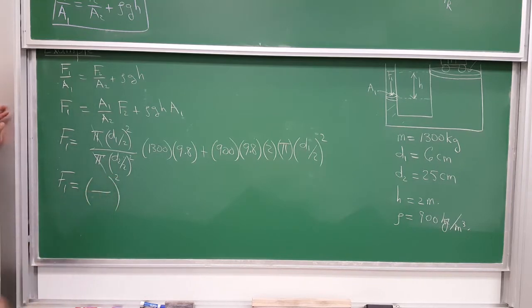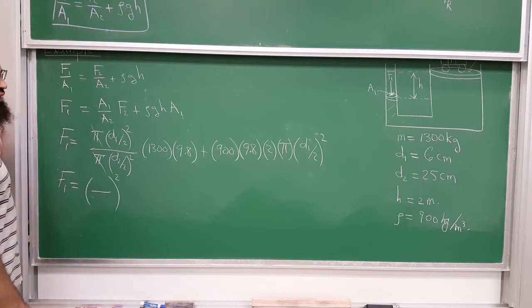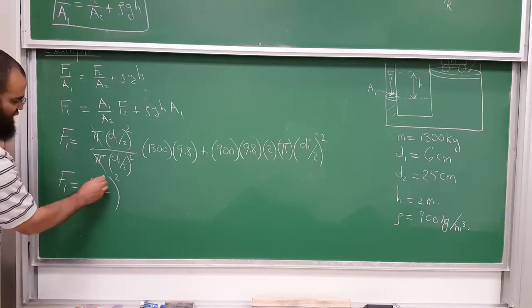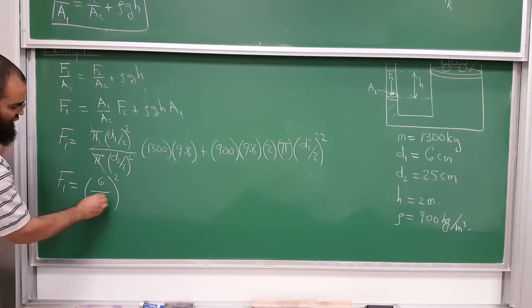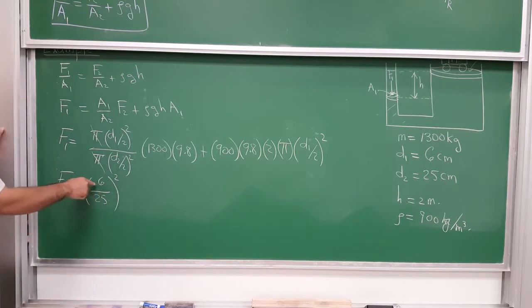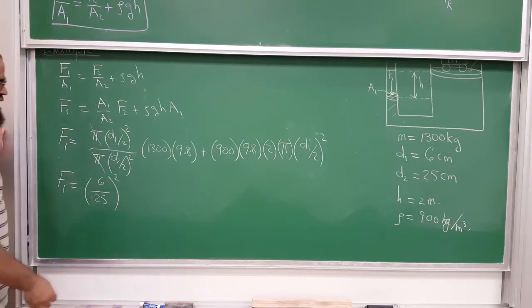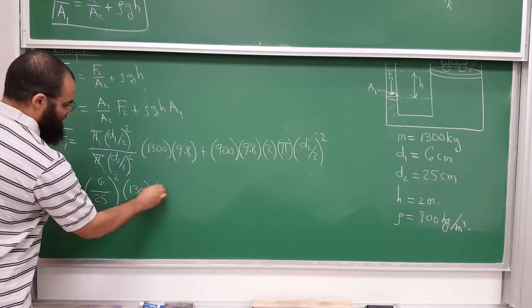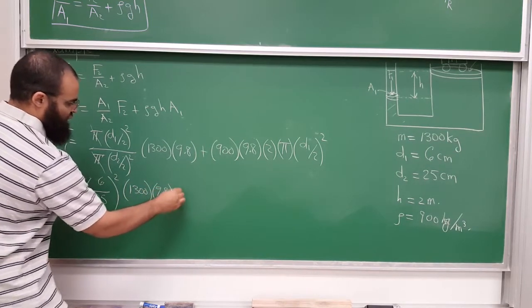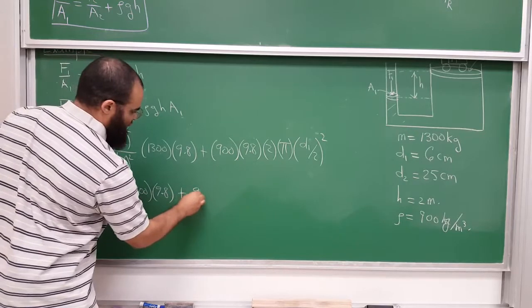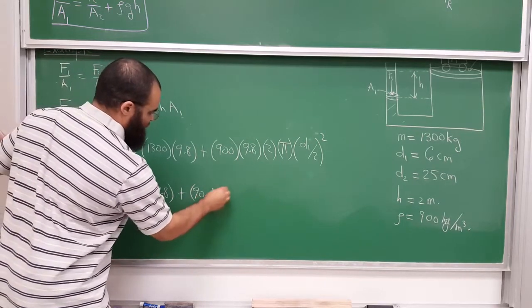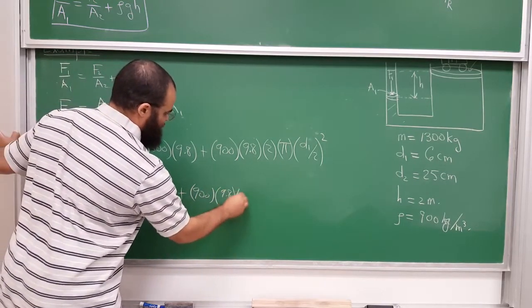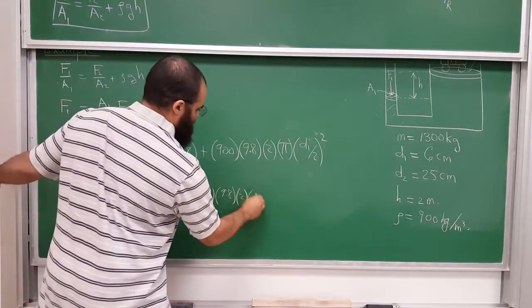And since both are in centimeters, I will not convert here. I will just put diameter 1 over diameter 2, that's 6 to 25. We could have converted 0.06 over 0.25, but you would get the same thing. And then times 1300 times 9.8, and then plus 900 times 9.8 times 2 times pi.